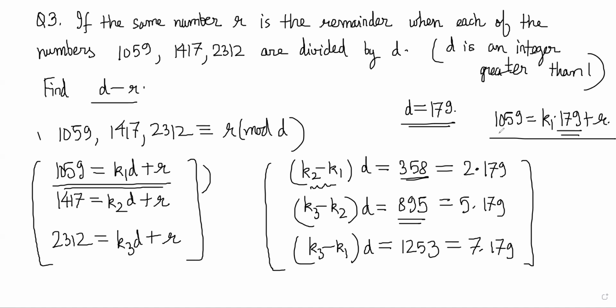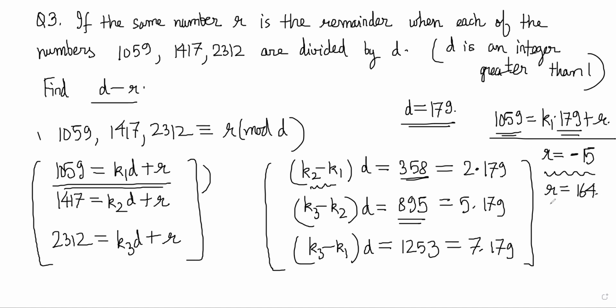So 1074 is 6 times 179. Therefore r should be equal to minus 15, right? This can be written as 6 times 179 minus 15.